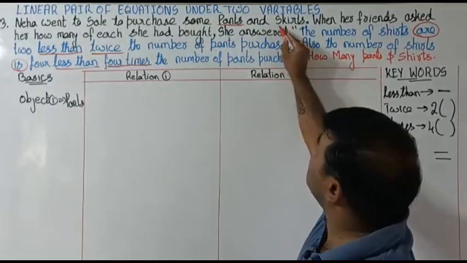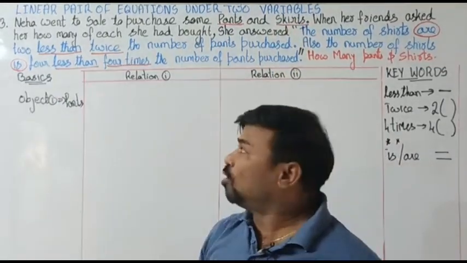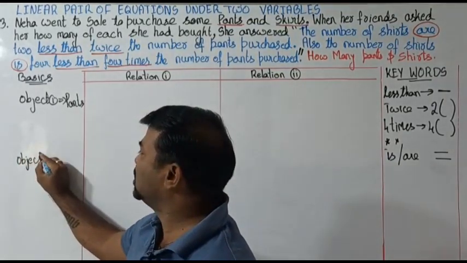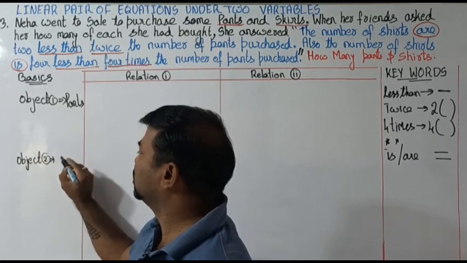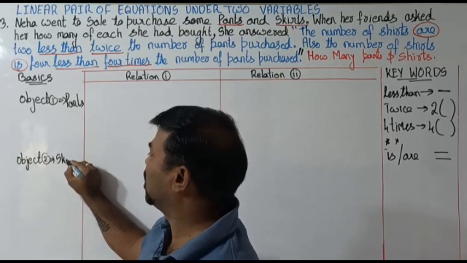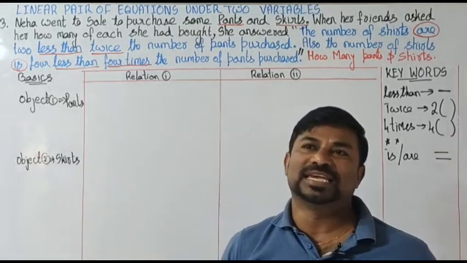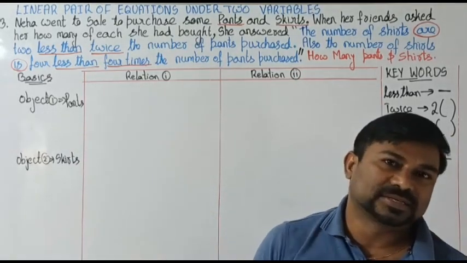The second object is nothing but the skirts. So what are the two objects he is discussing here? The pants and the skirts.